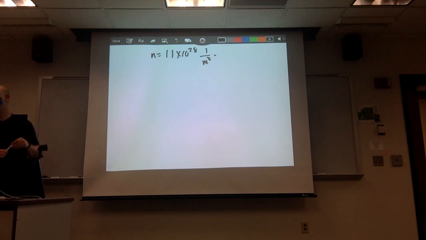Per meter cubed. So 1 over meter cubed. Or you can write it this way. So this would also be 11 times 10 to the 28 meters to the negative 3. Either one of those is sufficient.